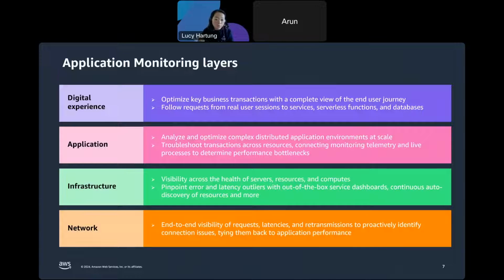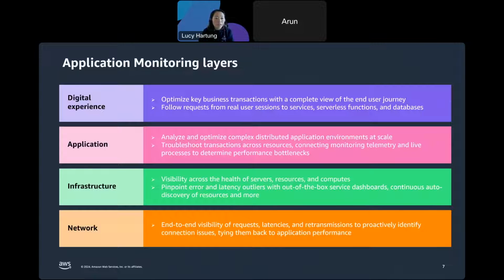Infrastructure: what is the infrastructure your application is built on? Whether it is containers, serverless, computers or servers, is there enough memory and capacity to support your application traffic and volume? That is very important to understand, as it impacts your application performance as well. Obviously, the application layer.